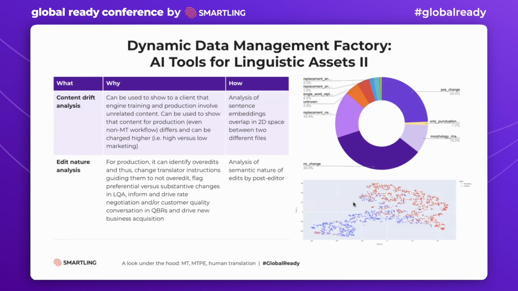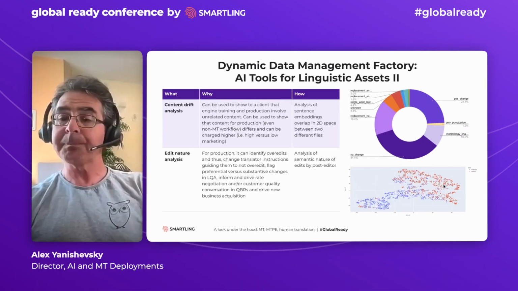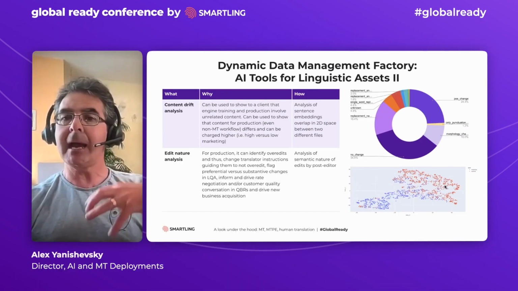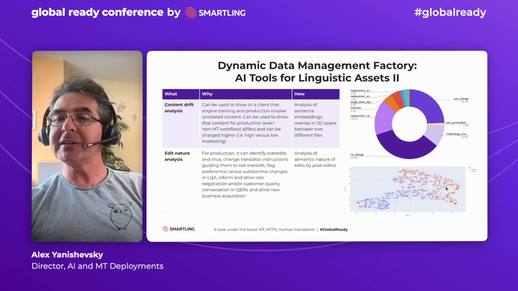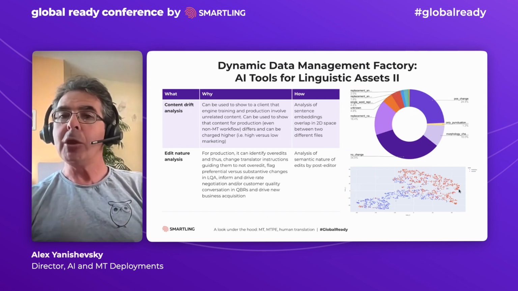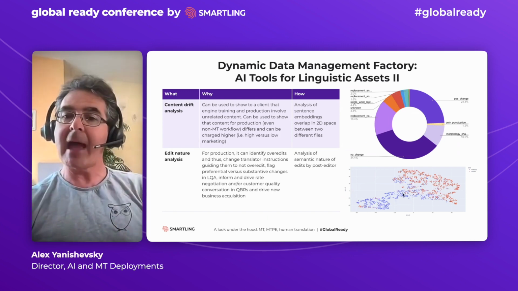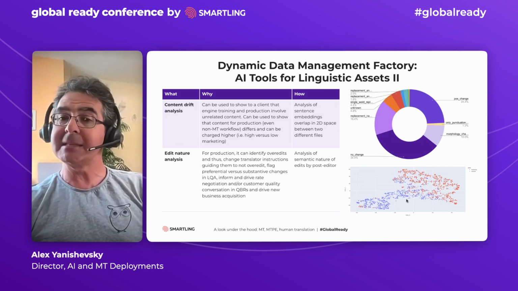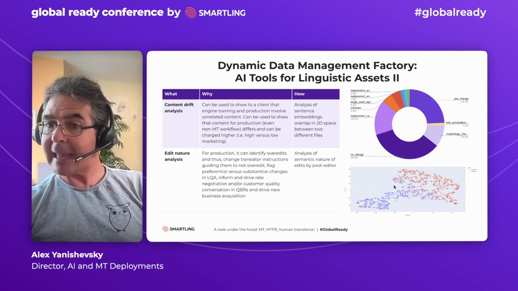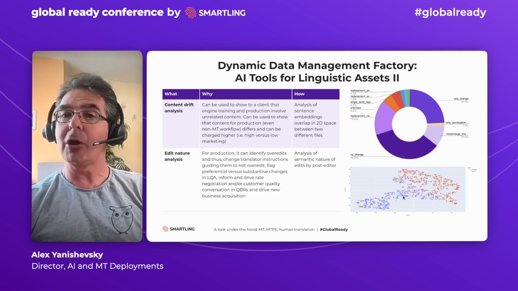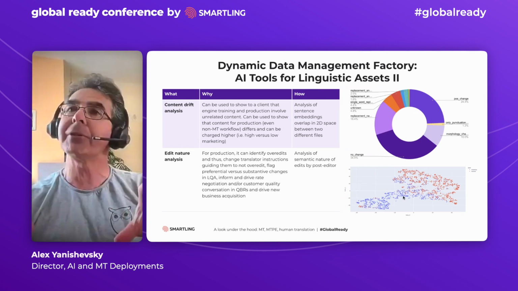So content drift analysis, if you remember our idea about plotting sentences, right? We can basically say, look, we've trained an engine on all of the sentences that are in red. You've given us new content, and that new content is represented by the sentences in blue. If you draw a diagonal line here, you can see that by and large, they significantly differ from each other, right?